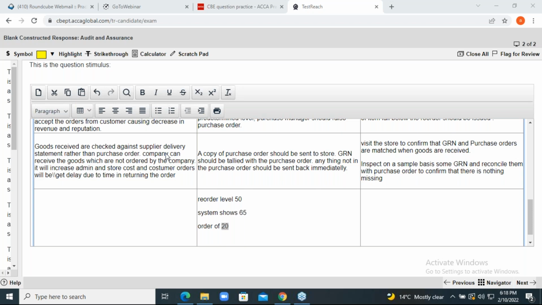Now if you are purchasing this sweater for a ceremony or a function of your friend, that function has passed and you have received the item after 4 weeks, so it's a month.